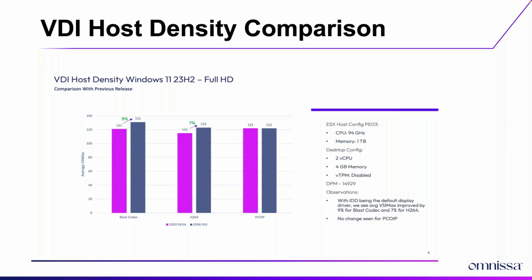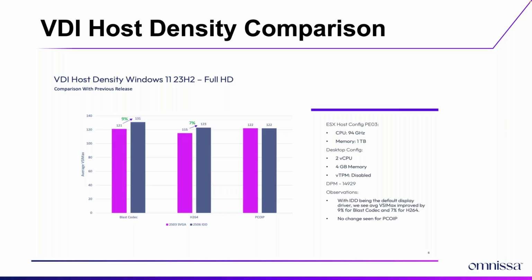What the bright pink on the left bar is with the video graphics driver that was in the 2503, the SVGA graphics driver. And then we switched to the graphics driver that we had built ourselves, which we call IDD. You can see that going from the pink to the bar next to it, we've got a nice improvement in density.